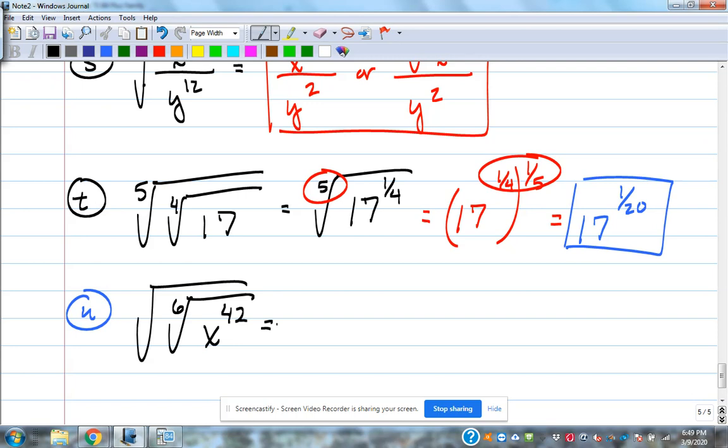So if I start on the inside, what does this become? X to the 42/6, which is actually 7, right?